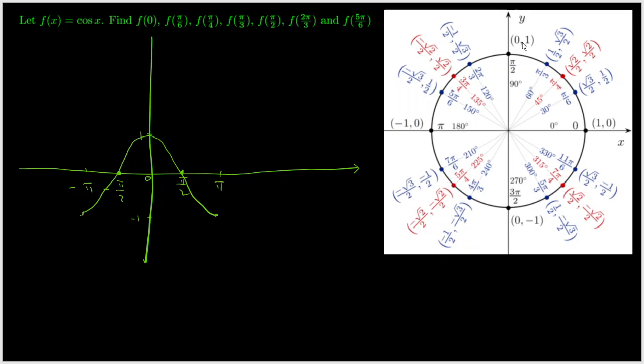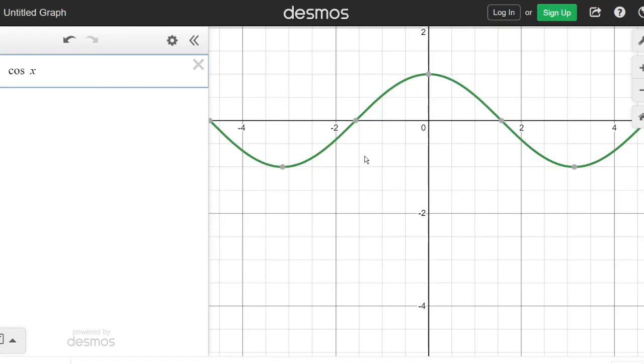I just redid the graph. It's not too nice looking, but I was trying to show you some important points on the graph. Again, the computer sketch is something like this. In between negative half pi and half pi, I just sketch the graph from here to here. Yeah, that's good. I can do dots on the graph.